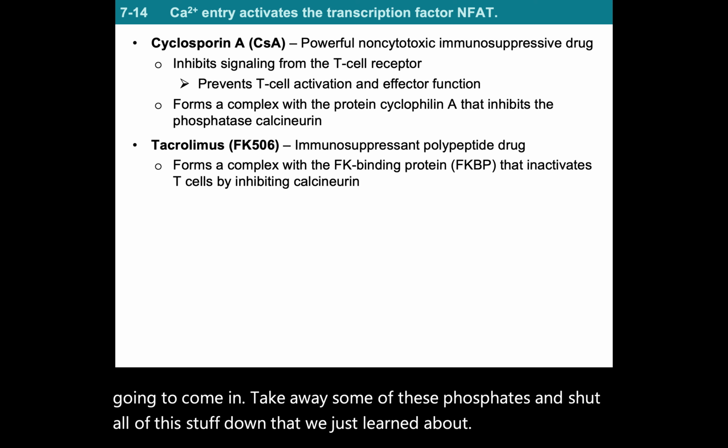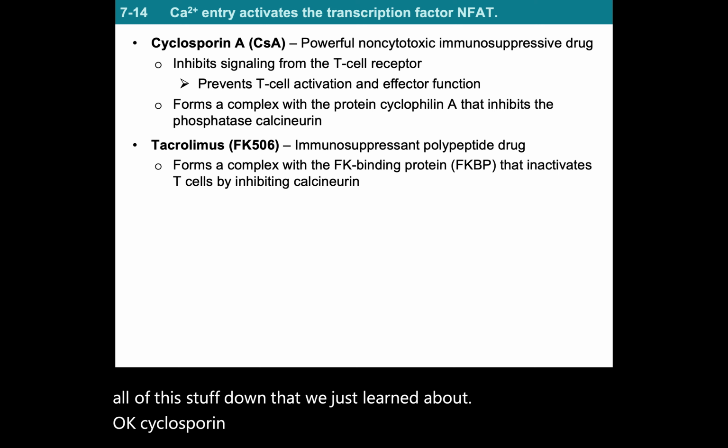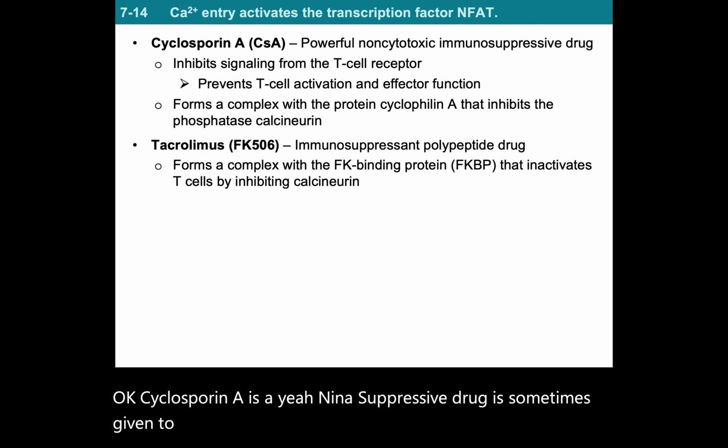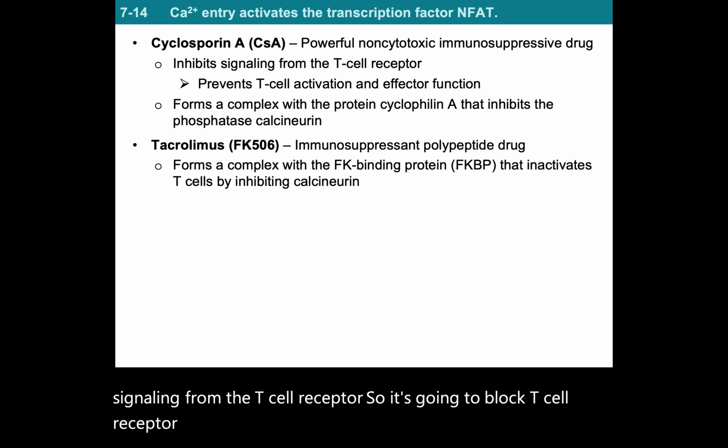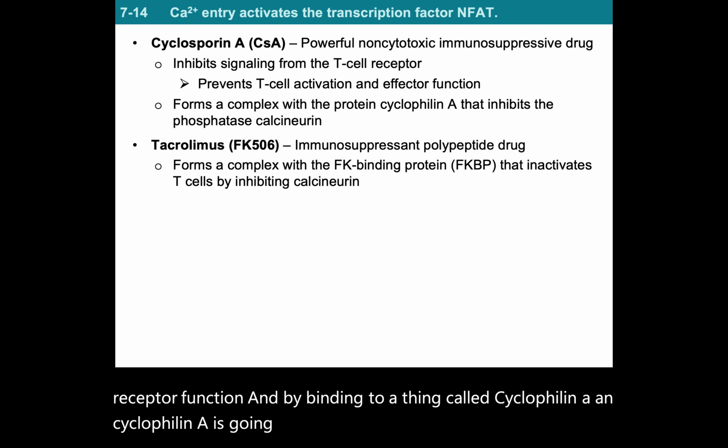Okay. Cyclosporin A is an immunosuppressive drug. It's sometimes given to transplant recipients, for example, and it's going to inhibit signaling from the T cell receptor. So it's going to block T cell receptor function, by binding to a thing called cyclophilin A. And cyclophilin A is going to inhibit calcineurin.